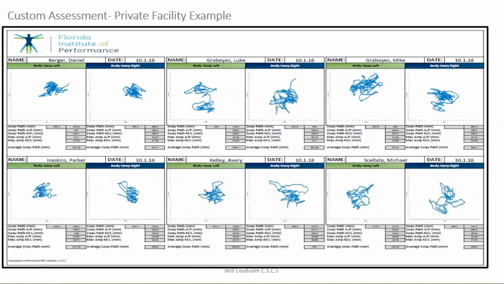Or like I said, stability is huge for me. So if all I want to do is stability, we can compare the different types of amplitudes and the different types of sway path to all the athletes on one sheet. Kind of puts in perspective a little bit better.